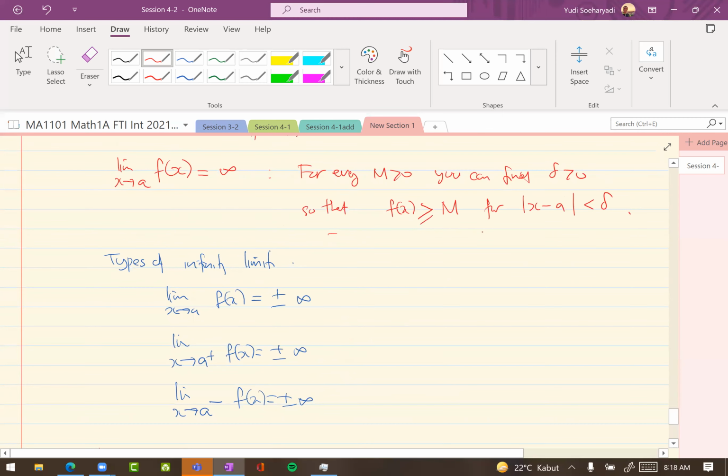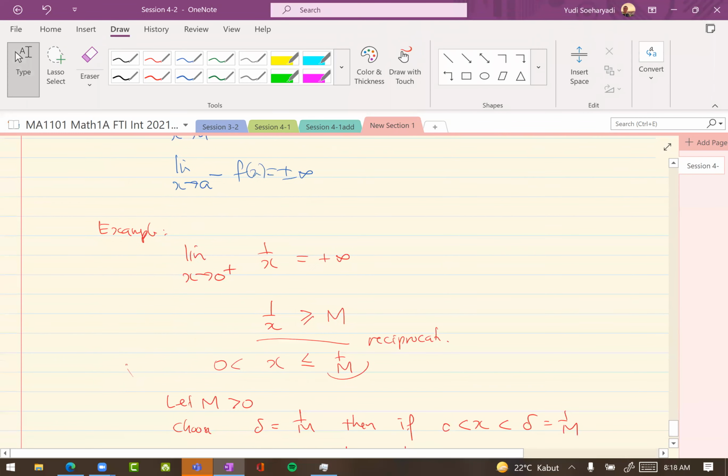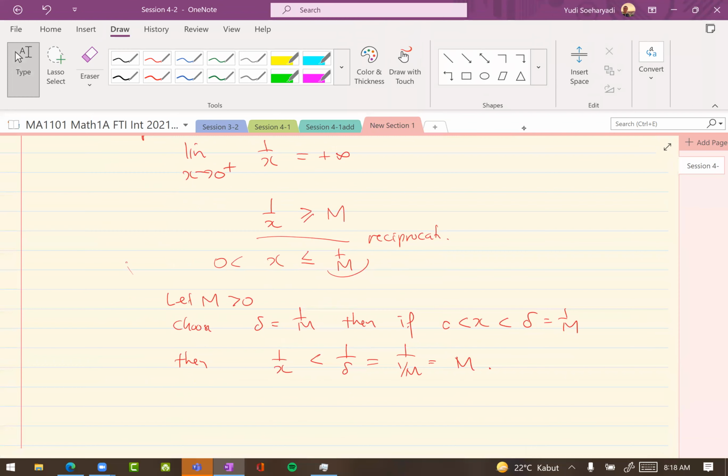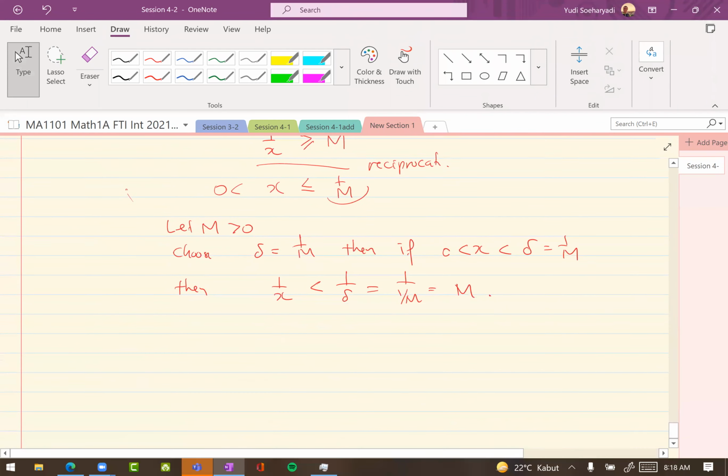The definition is satisfied by this small computation, meaning that the limit is plus infinity.